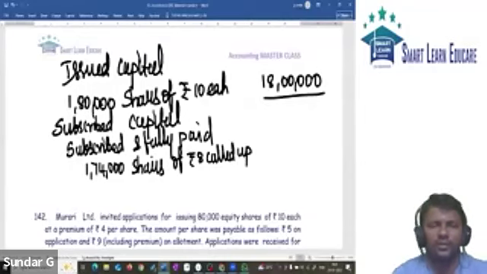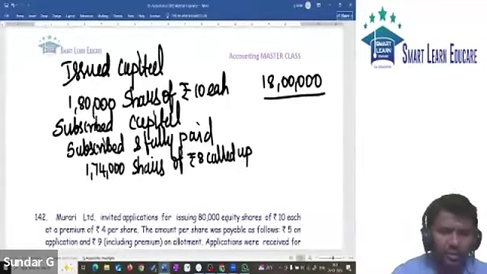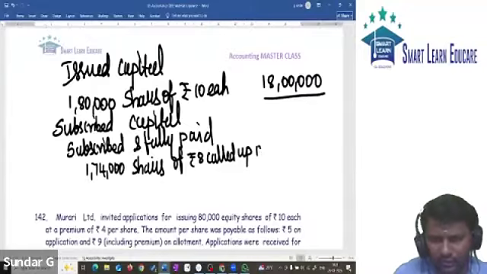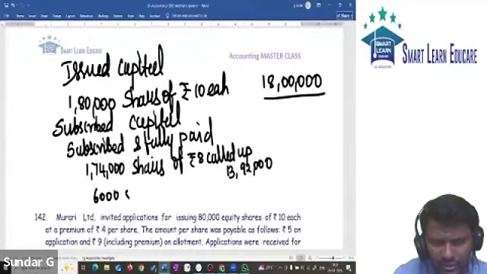It is not the full amount that is called. Upper it is 1,74,000 into 8, which will give you 13 lakh 92,000, in the inner column.